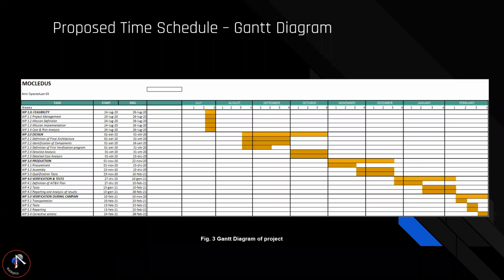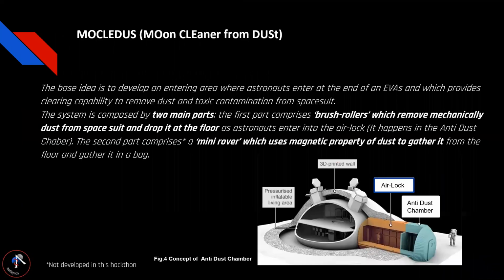And if our project is accepted and selected, we go on developing the other phases, and you can see the schedule month by month up to February, when the Asclepius campaign will take place. So that we can introduce our idea.